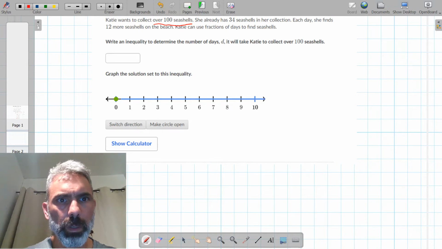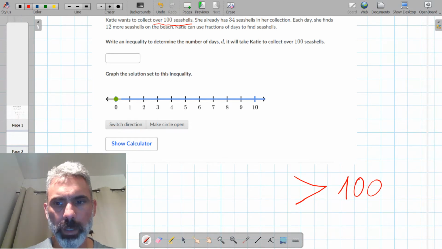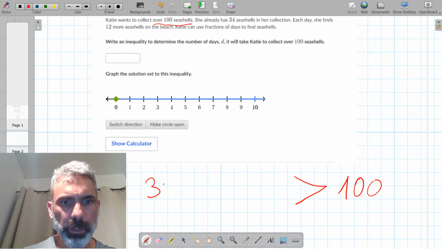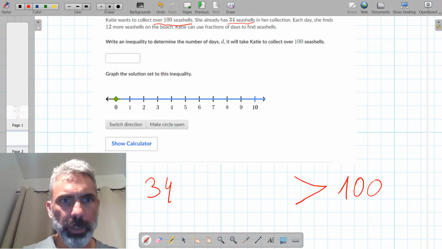We need to write an inequality, so I will put 100 on one side, and on the other side we need to reach a number that is greater than 100. She already has 34 seashells to begin with. Each day she finds 12 more seashells on the beach. Katie can use fractions of days to find seashells. Write an inequality to determine the number of days D.